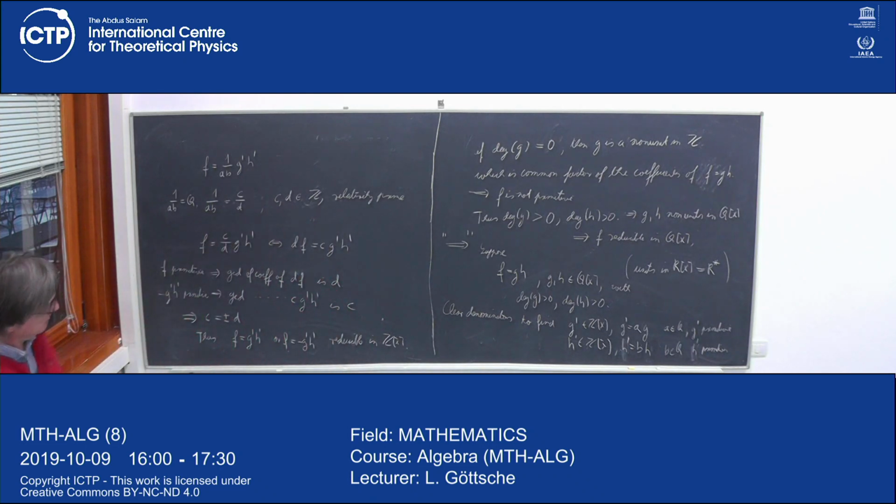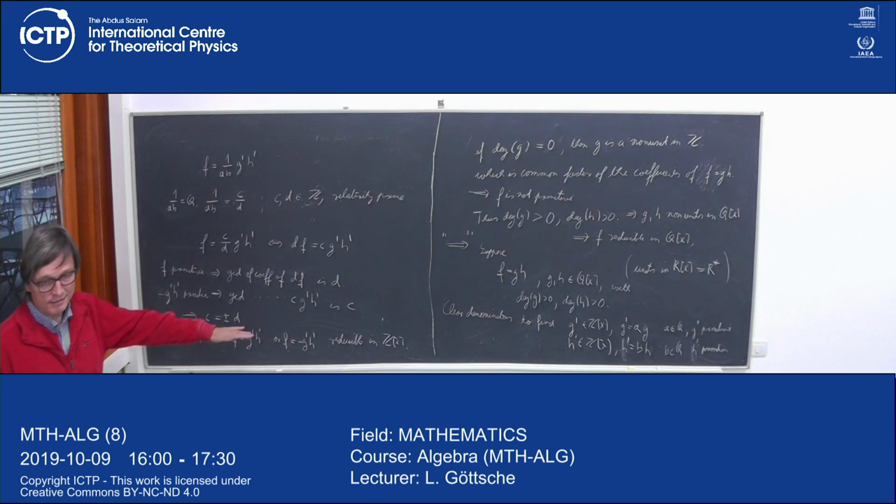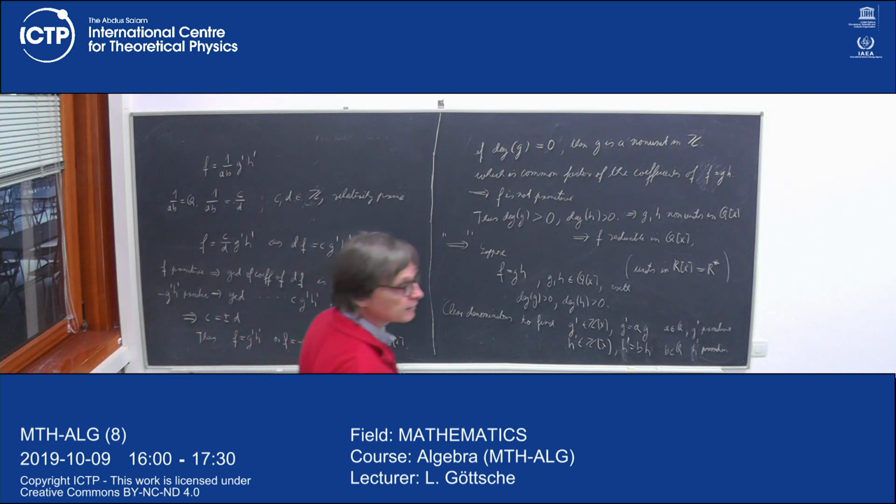So you see that this kind of trivial observation, that if I have a product of two primitive elements then it is primitive, comes here to a non-trivial consequence.